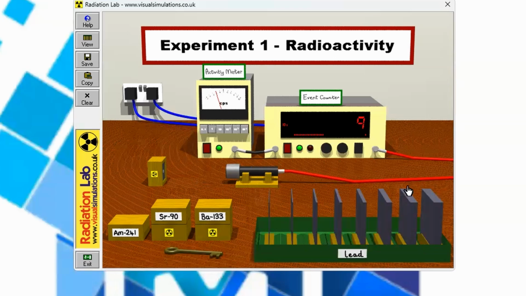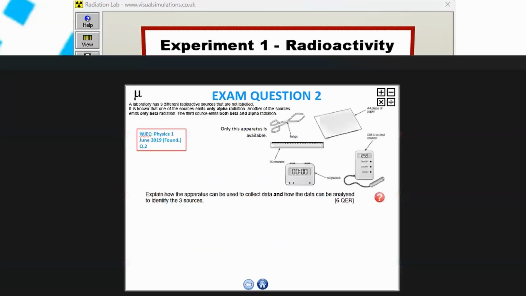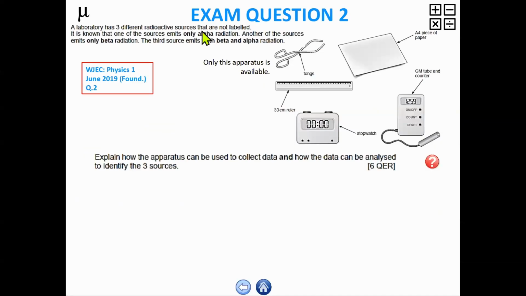Okay, so if we go back to that question, you can see a lab has 3 radioactive sources that are not labeled. It's known that one of the sources emits alpha radiation, another source only emits beta radiation, and the third emits both beta and alpha.